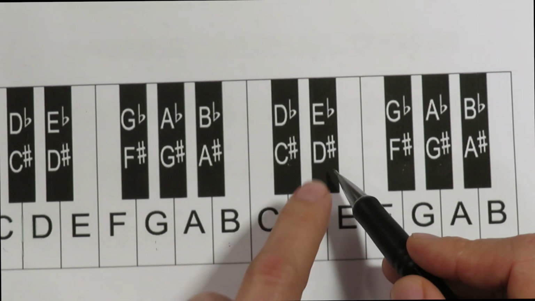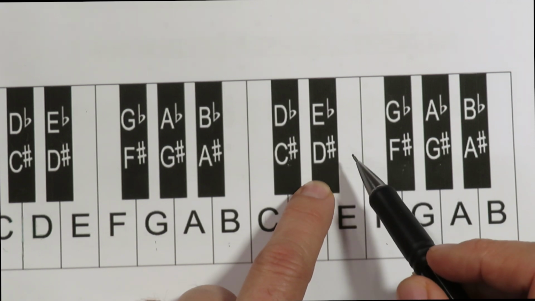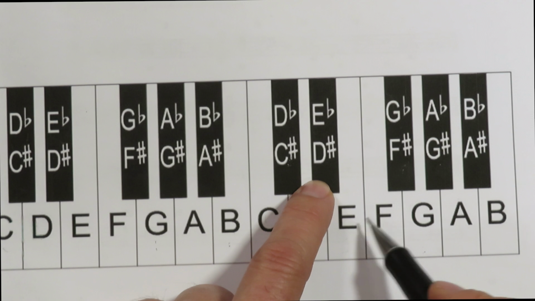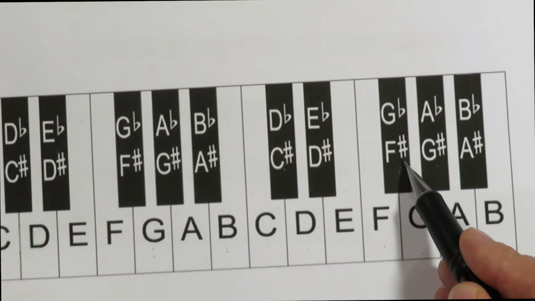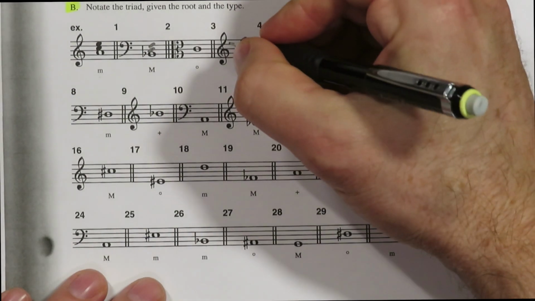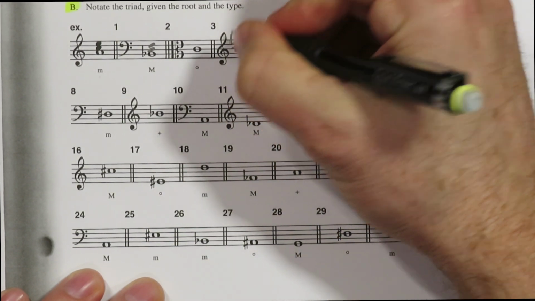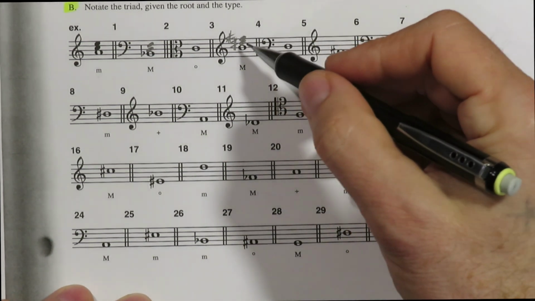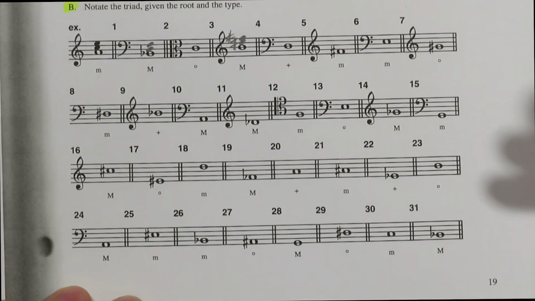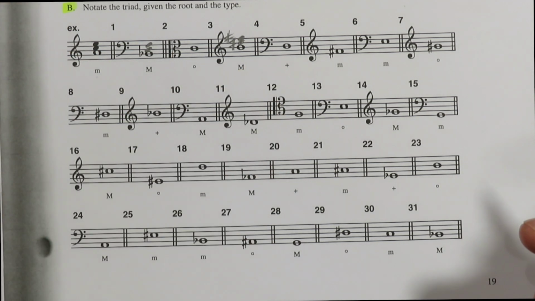And then we're going to want a minor third on top of that. So 1, 2, 3 half steps to the D sharp, to the F sharp. So we have B, D sharp, and F sharp. And it also helps to know the key signature there for B major, 5 sharps. F, C, G, D, and A sharp.